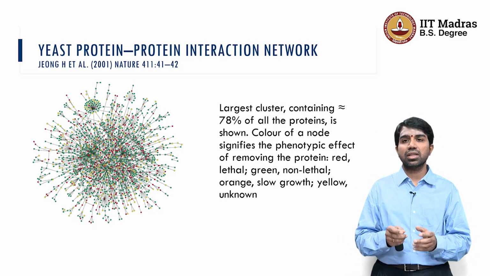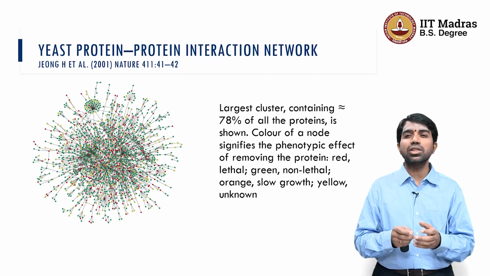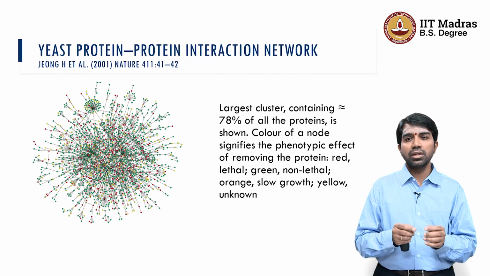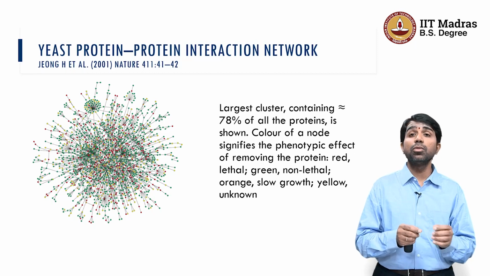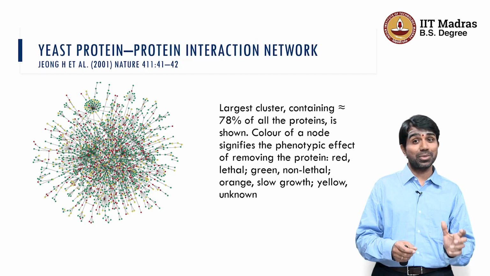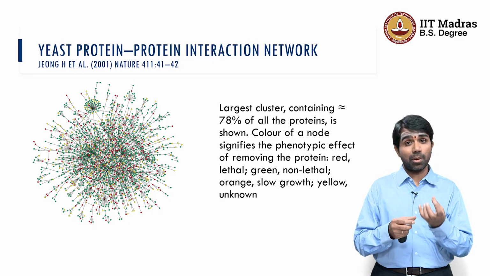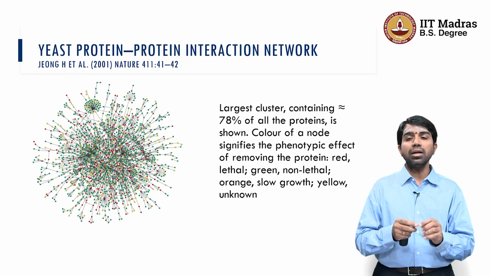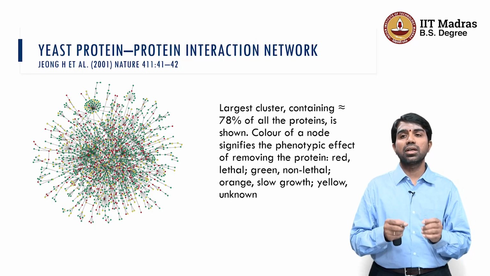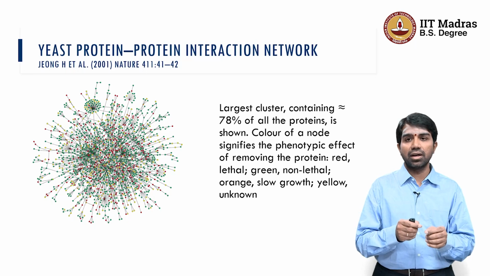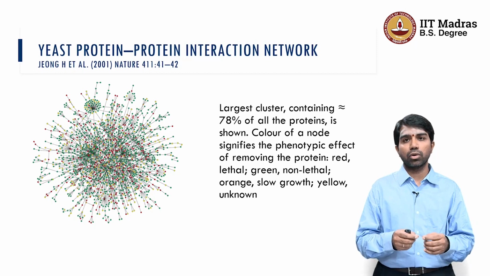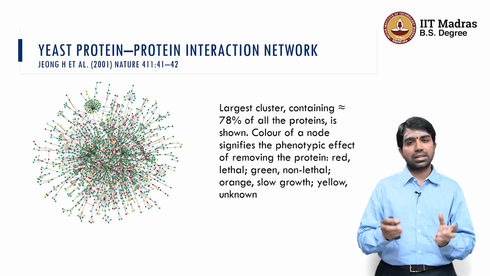So this is the largest cluster containing about 78% of all proteins, and the color of each node signifies what happens when you remove this node from yeast, not from the network. You actually perform an experiment to knock this protein off from yeast and study the effect of this removal. If the node is colored red, it means that the yeast dies following the removal of this particular protein from the cell.